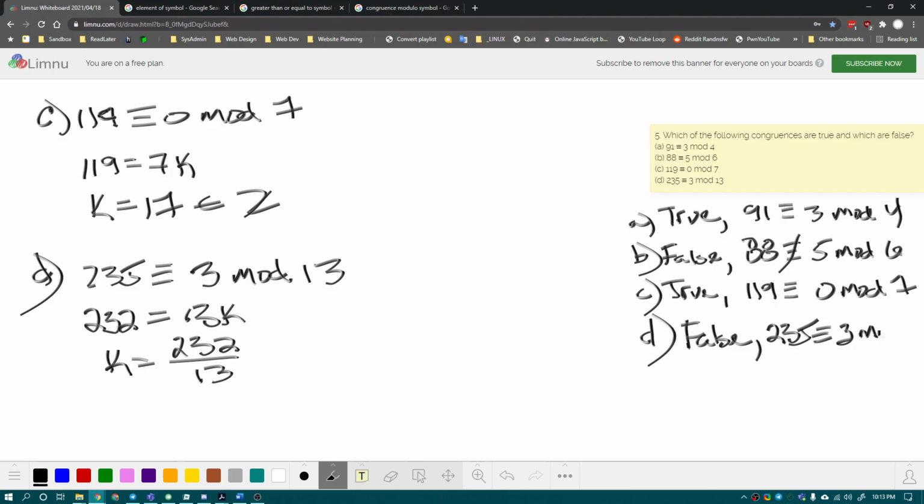I don't think so. Let's do it. 20 would be 260. Subtract 232 divided by 13, that is 17.8. What did I say? I said 17 and then a remainder of 5 over 7. Oh, you're right, I messed up.